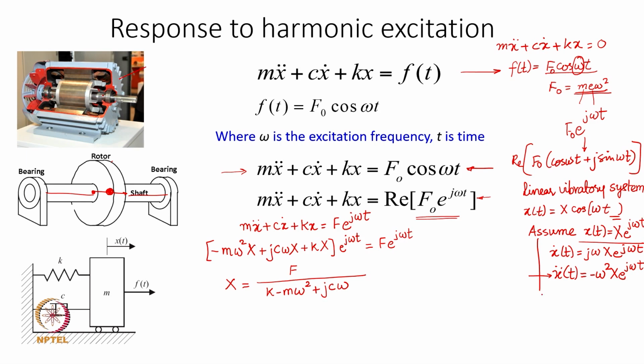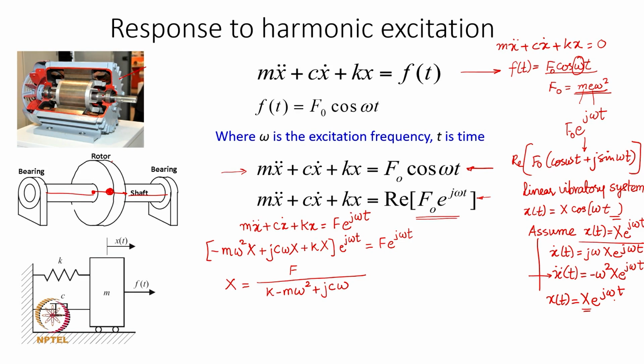So, if I know this X, I have already obtained the response capital X e to the power j omega t, that is my response, is it not, because capital X is known, omega is known. So, I have the response already known in terms of time, but it makes sense to reformulate this expression. The denominator is a complex quantity.